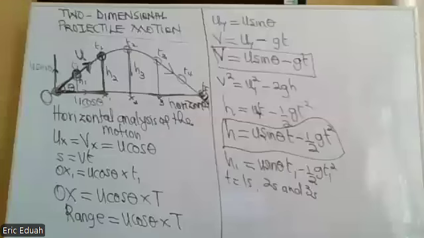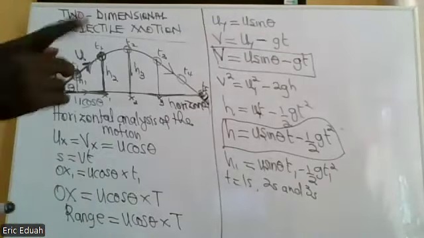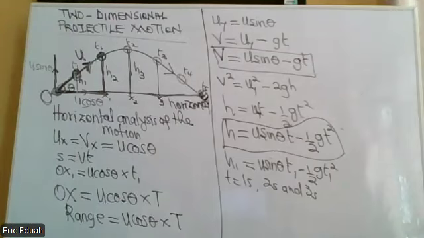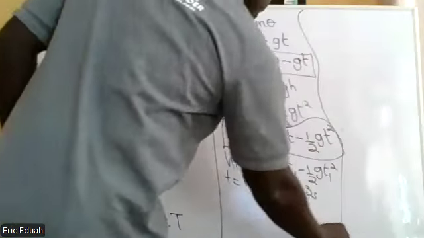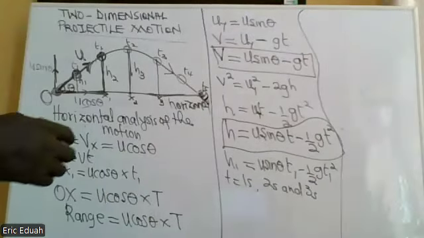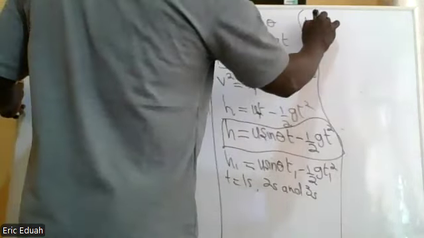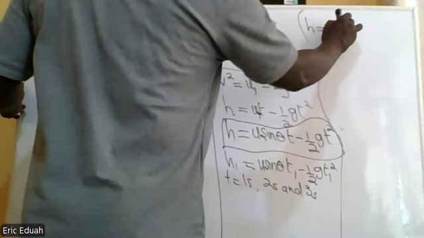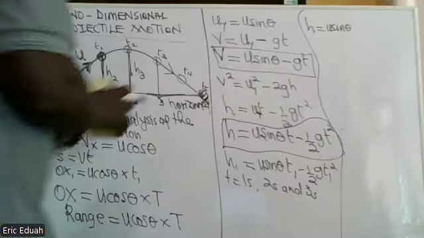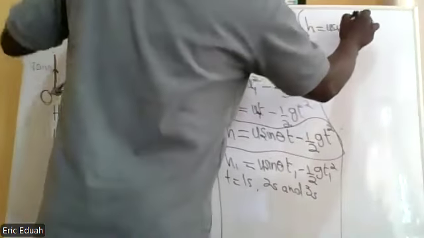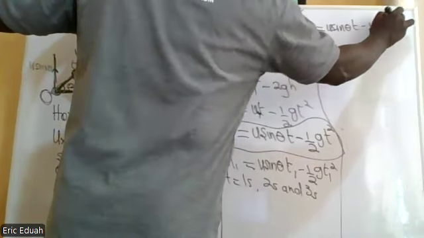Okay, so let's look at it. As we discuss it, you mark whatever you are doing. So the equation to help determine vertical height at any time t is h is equal to u sine theta t minus half g t squared.